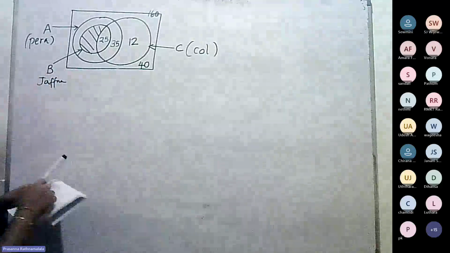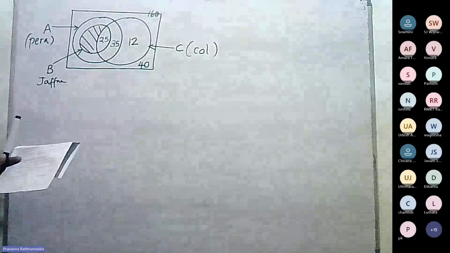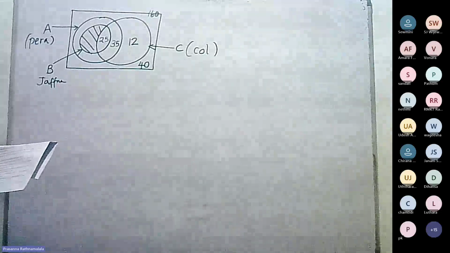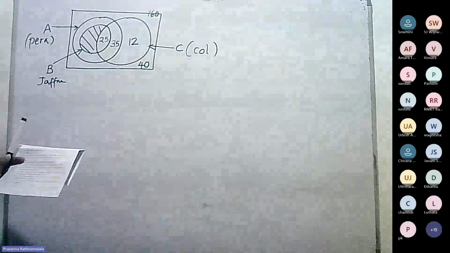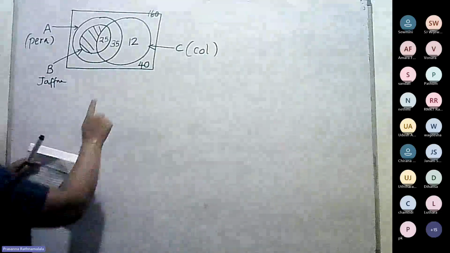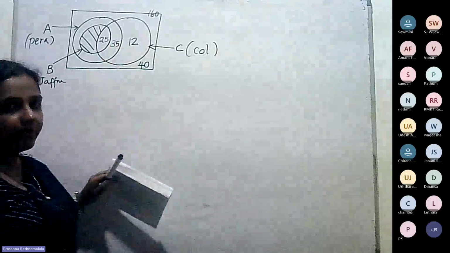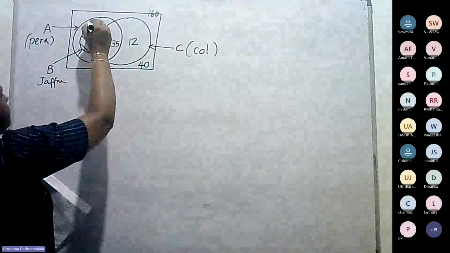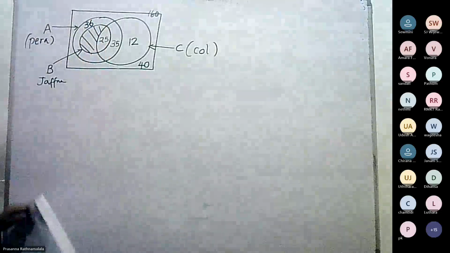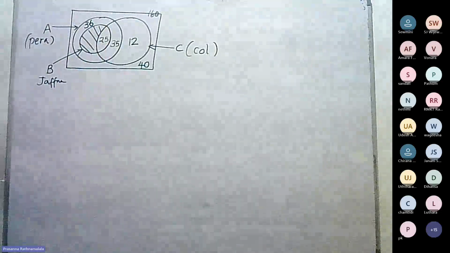The number of students who applied only to Peradeniya medical faculty is 3 times the students who applied only to Colombo medical faculty. That is given, that is 12. 3 times 12 is 36. Now these are the values.